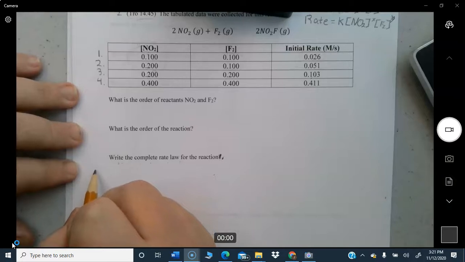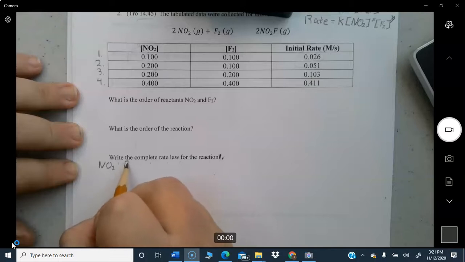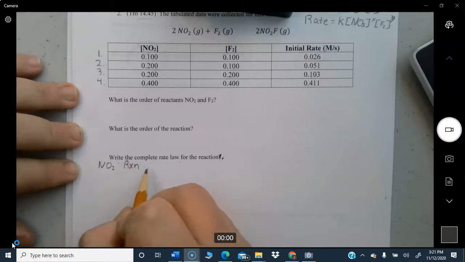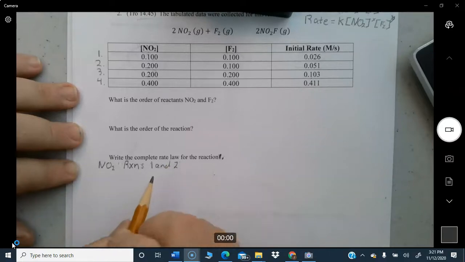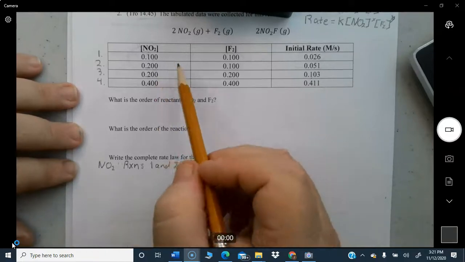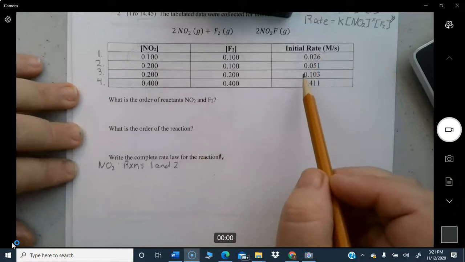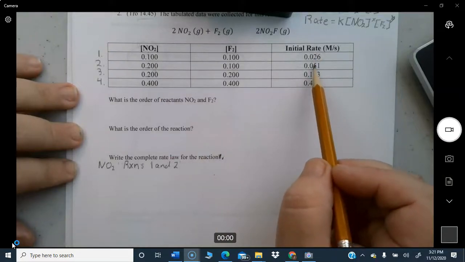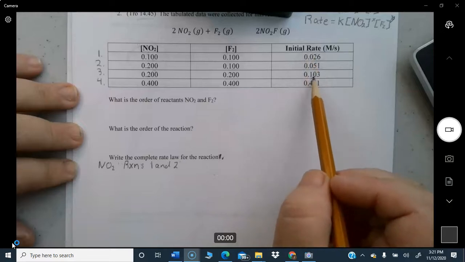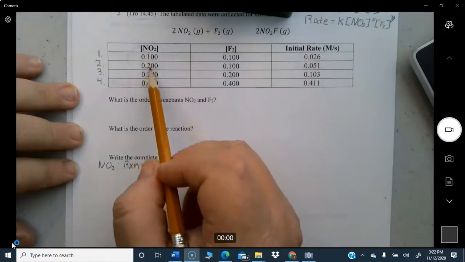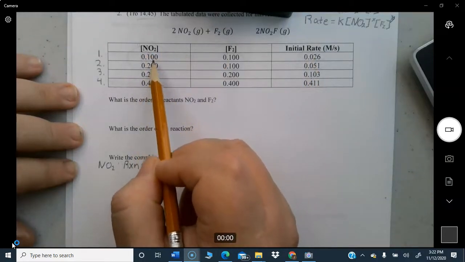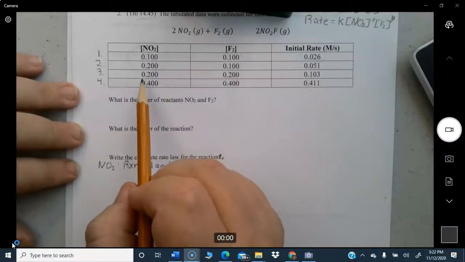So I'm going to come over here and do that calculation. NO2 first is what we're doing. And we chose reactions 1 and 2 to study. Now what you're going to do is create a ratio of these 2 numbers and compare it to the ratio of these 2 numbers. It doesn't matter which ones you put on top, you just have to be consistent. So what you usually do is come over here to the concentration and put the bigger number on top so you can avoid having a fraction if possible.